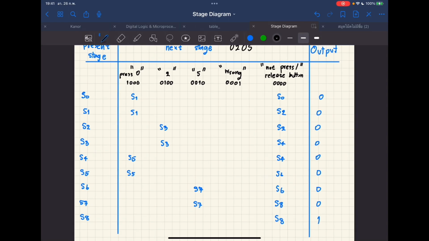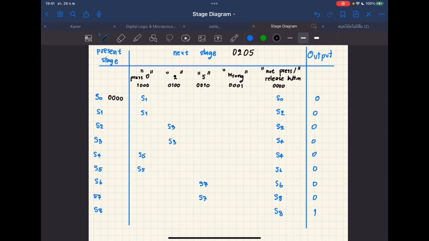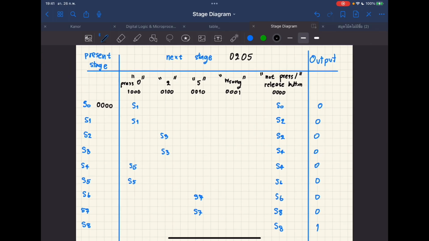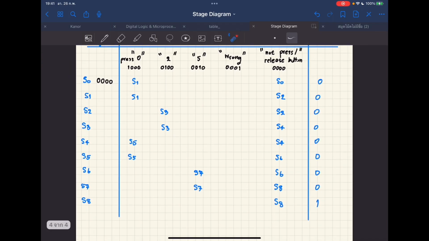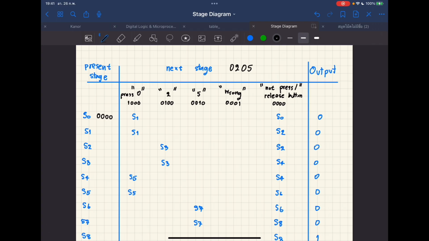Stage 0 is going to be 0, 0, 0, 0, because we have 9 statements. 1, 2, 3, 4, 5, 6, 7, 8, 9 statements. So we're going to have flip-flops from this. 2 power 3 is still 8, so it's not enough.